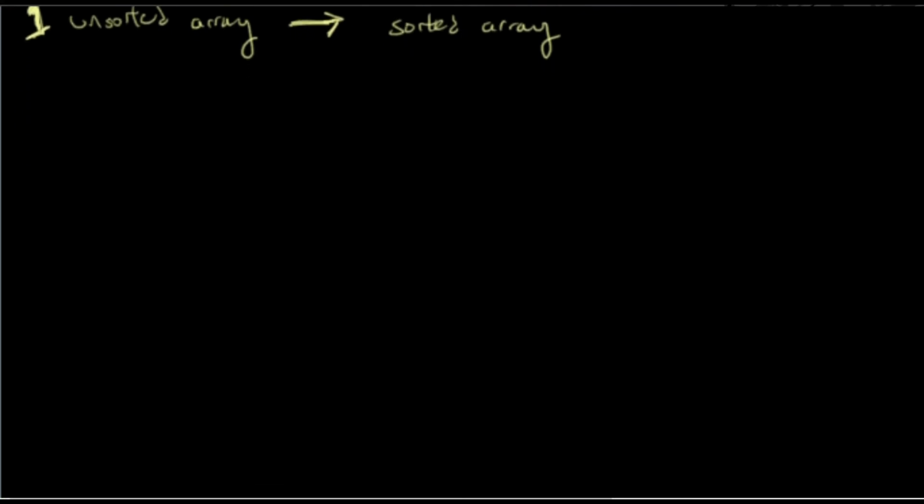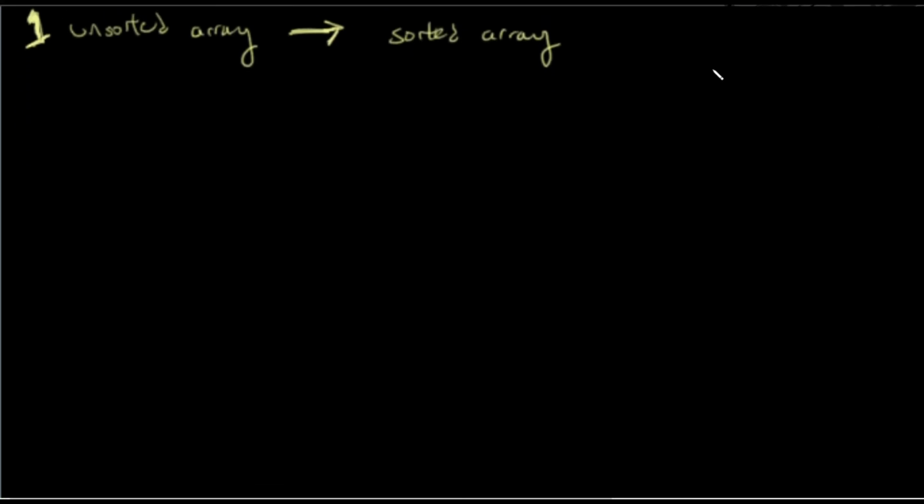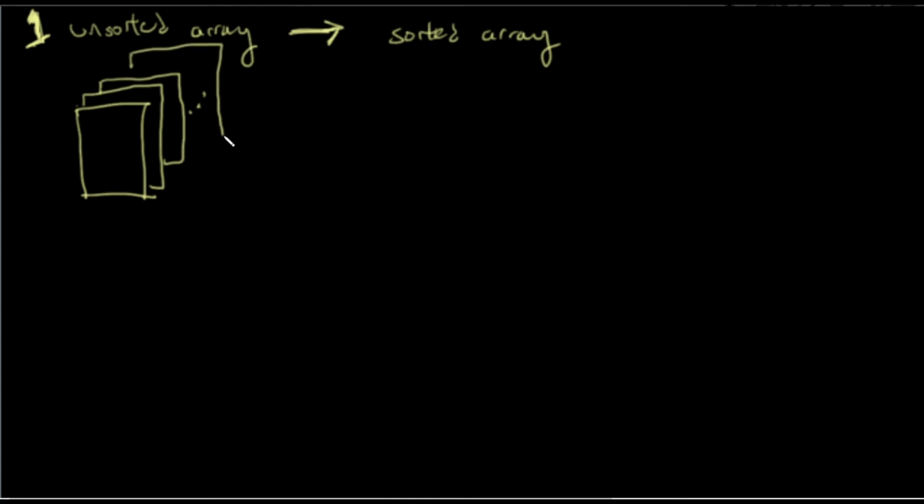So let's just imagine for a second that you're given a task. Somebody gives you a deck of cards, representing this unsorted array. And this deck of cards is a really large deck of cards.